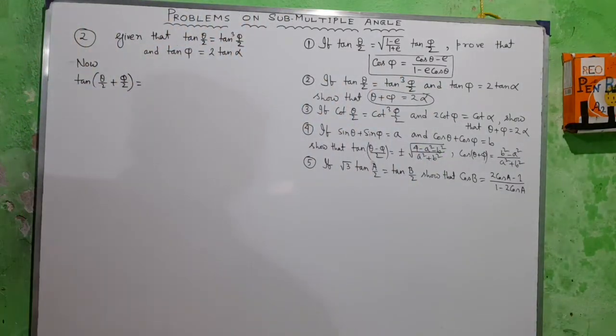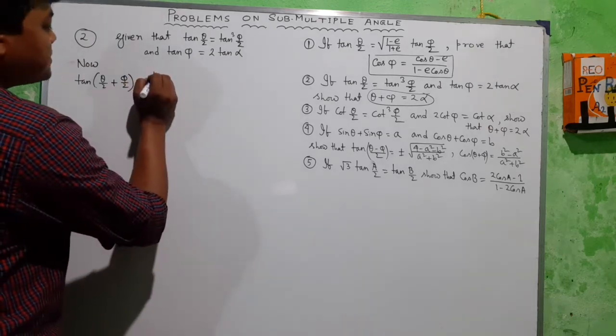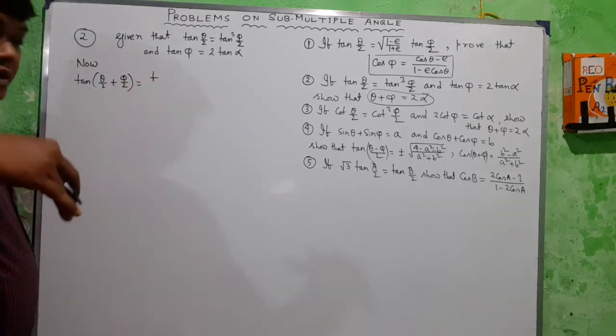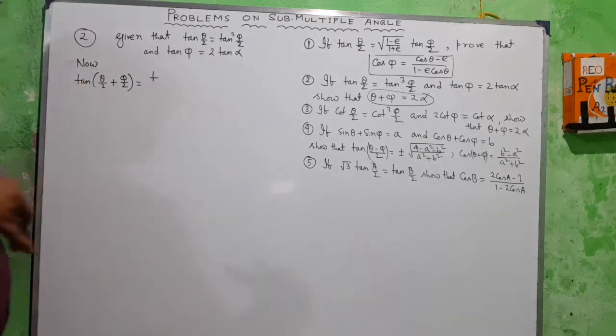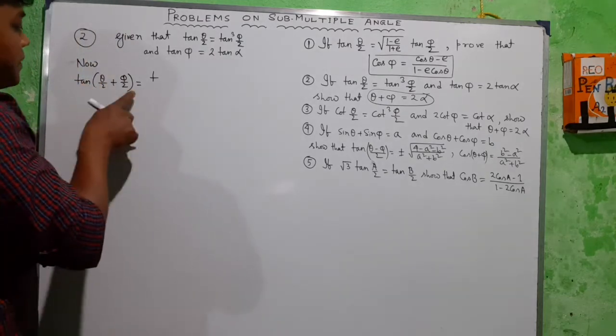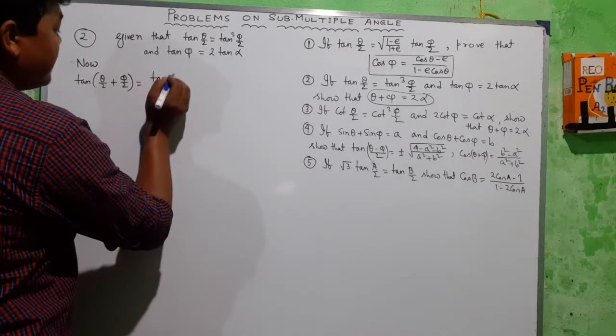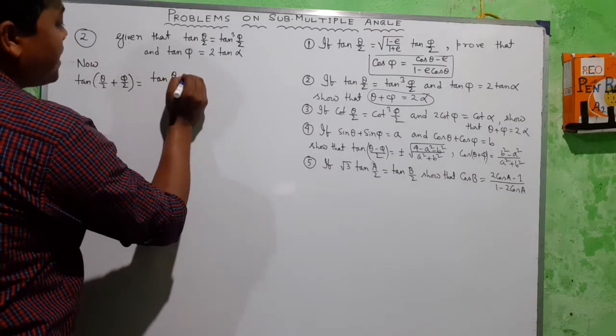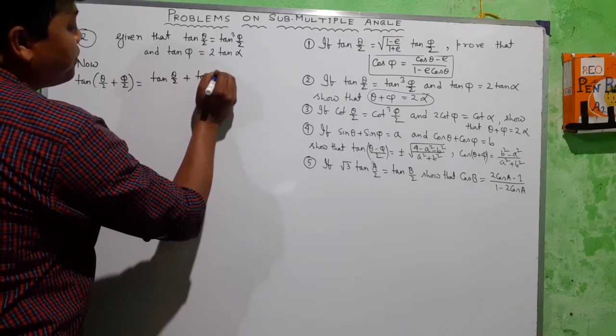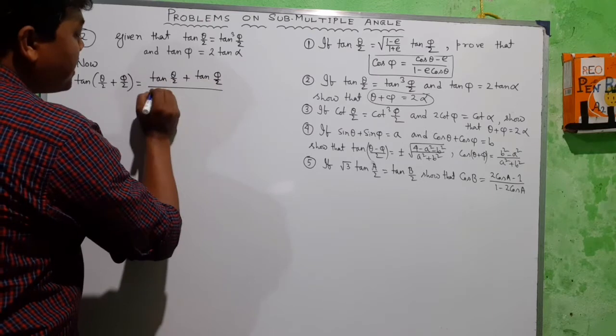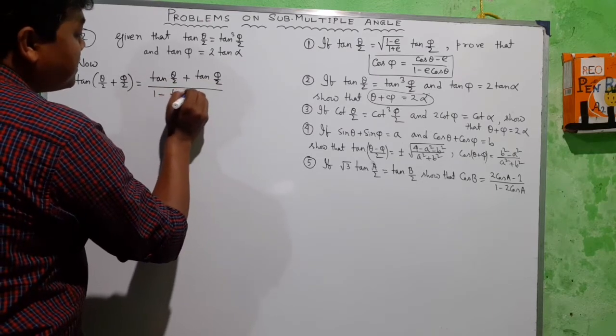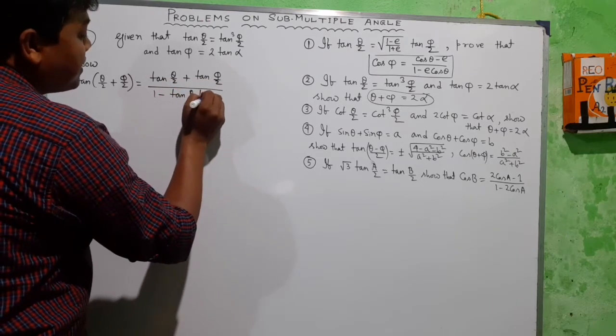So tan of (theta by 2 plus phi by 2) according to the compound angle formula, tan(A plus B), is (tan theta by 2 plus tan phi by 2) by (1 minus tan theta by 2 into tan phi by 2).